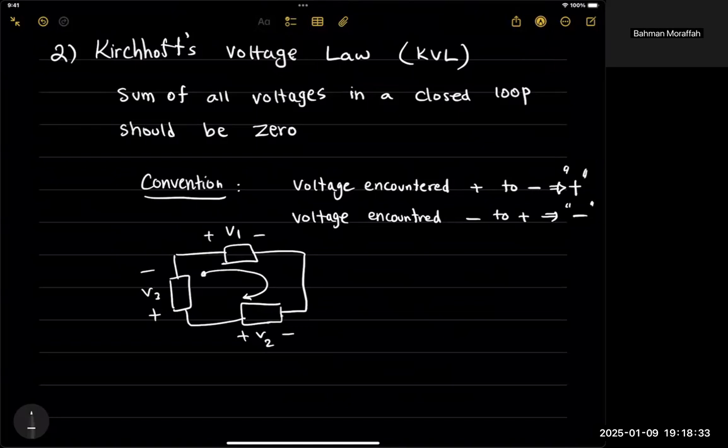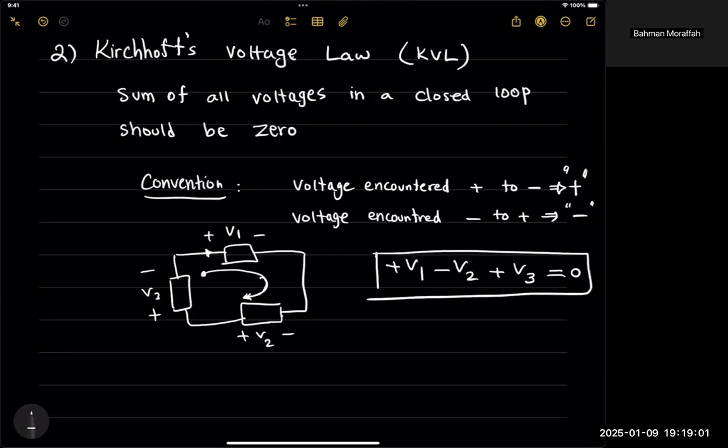When I get here, I see the first sign, which is positive, so I have plus V1. Over here for V2, if I travel here, the first sign I see is negative, so I have negative V2. Over here for V3, going that direction, it is positive, so that's going to be plus V3. And according to KVL, we know it should be 0.